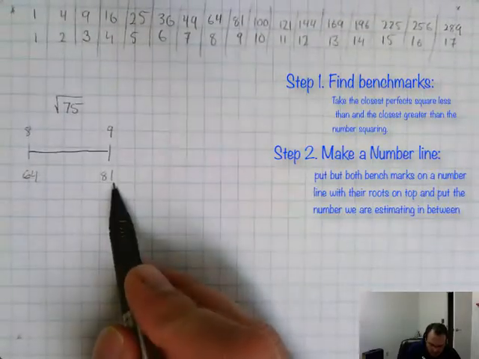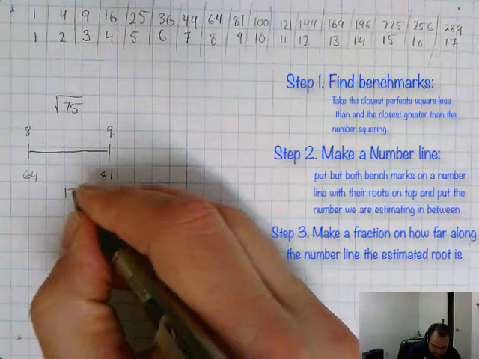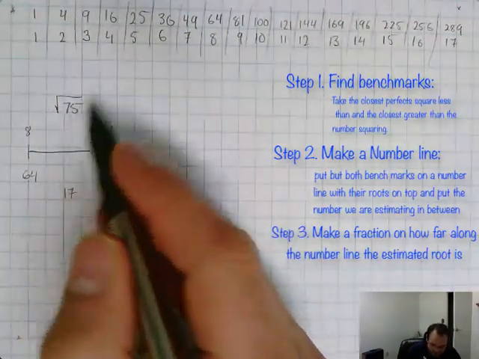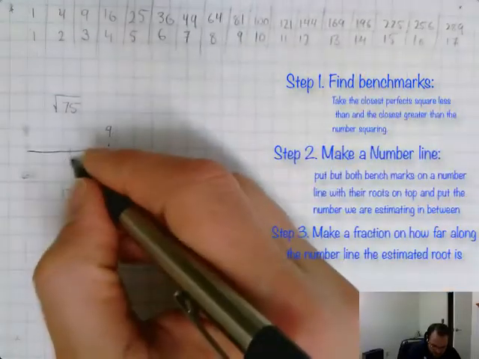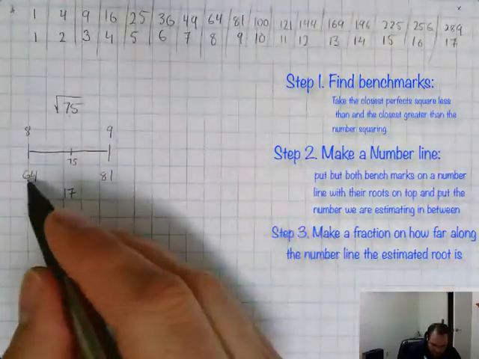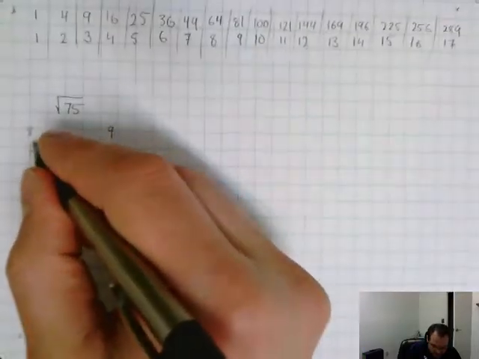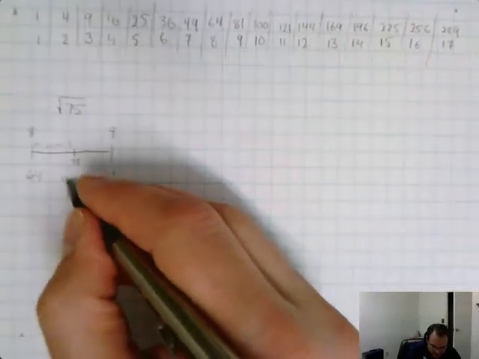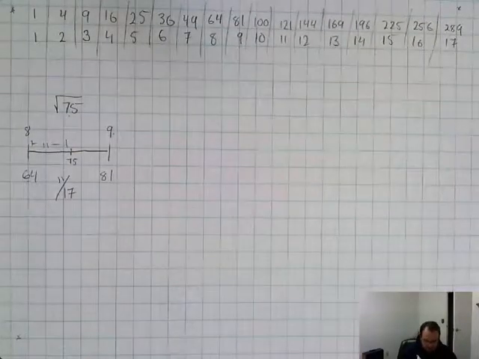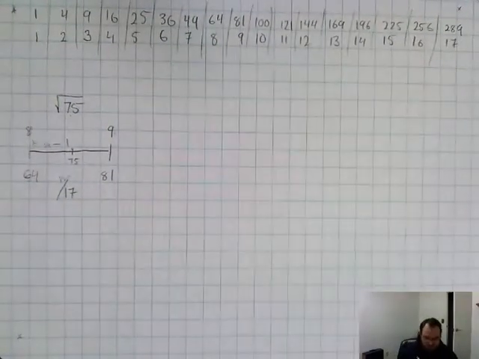The difference between these two is 17, which is 8 plus 9. Now 75 is going to be somewhere in between. It is 11 out of 17 of the way across. So I can estimate this square root to one decimal place.